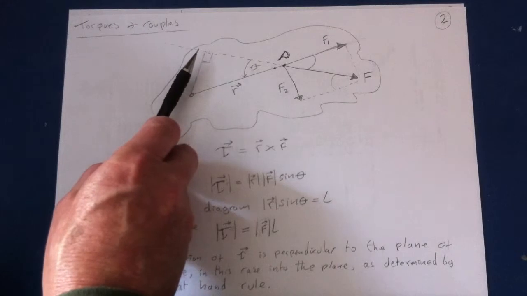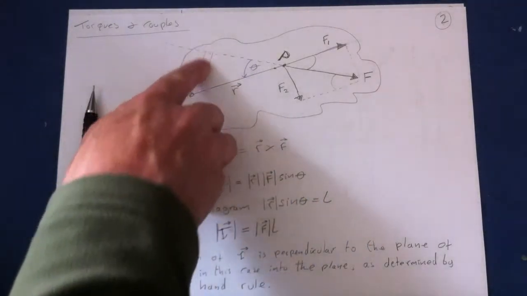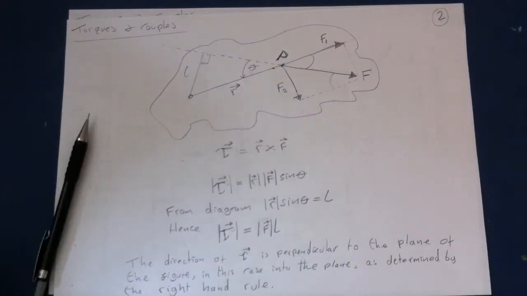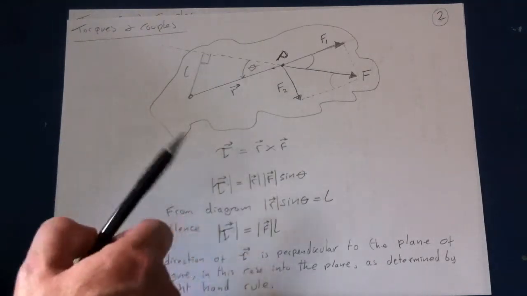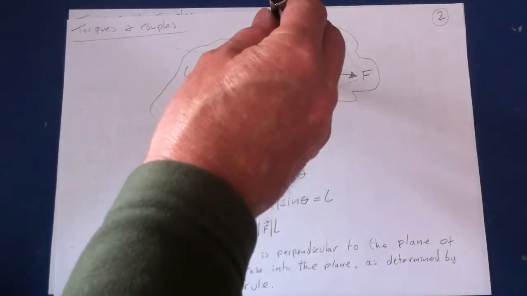So r sine theta gives us our perpendicular distance. So the magnitude of the torque is equal to F times L, in agreement with our previous definition. The direction of torque is perpendicular to the plane of the figure, in this case into the plane, as determined by the right hand rule. So here we've got r cross F, and if we cross r with F, it's perpendicular to the plane here.